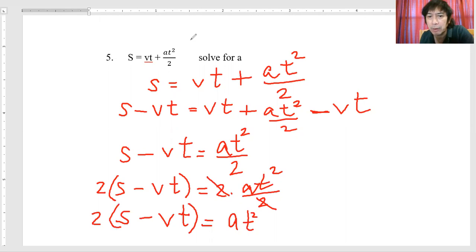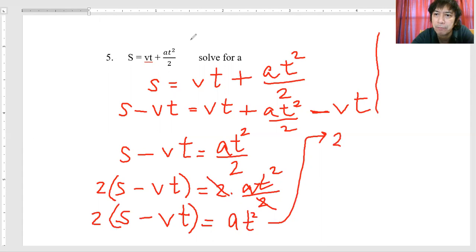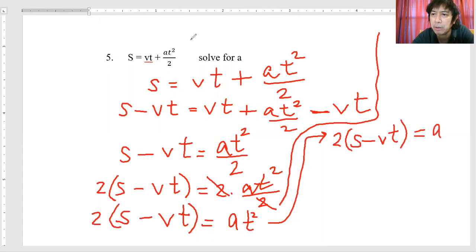So the next step is to divide by t squared. So this will look like this. You have 2 times, let's put a fence there, s minus v times t, equals a t squared. What you need to do is just divide by the t squared.